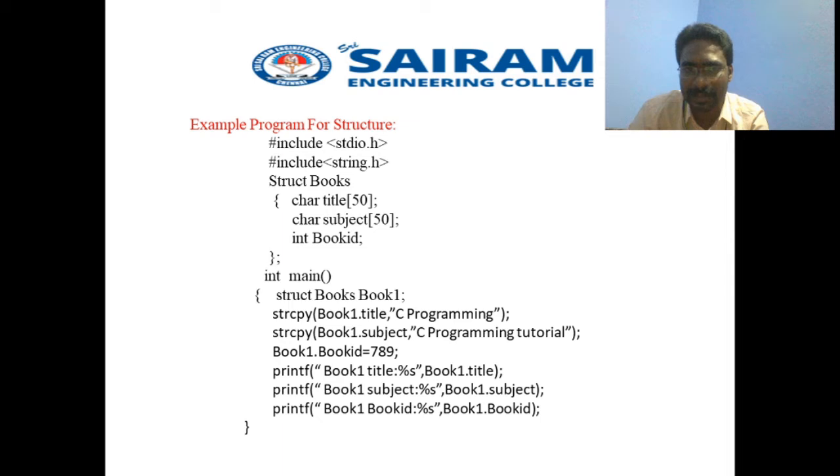A subject is again the character data type, which I declare as the next variable. A book ID is another variable which I declare with the data type int. These are a collection of different data types, and I am grouping them under the structure with the structure name books.